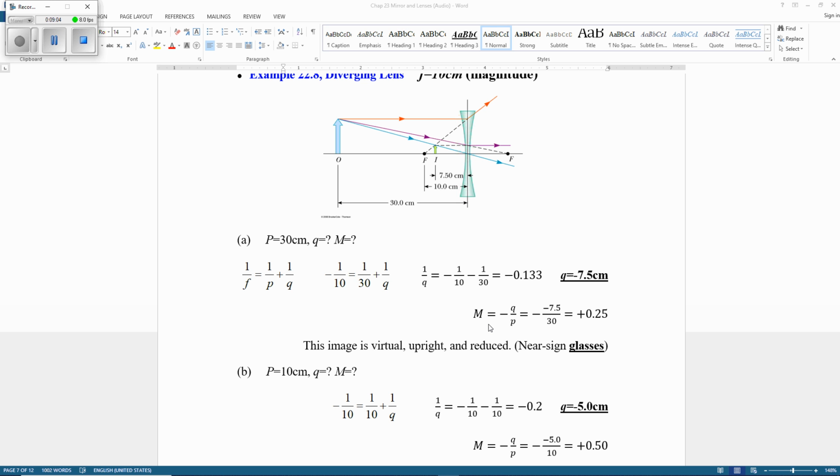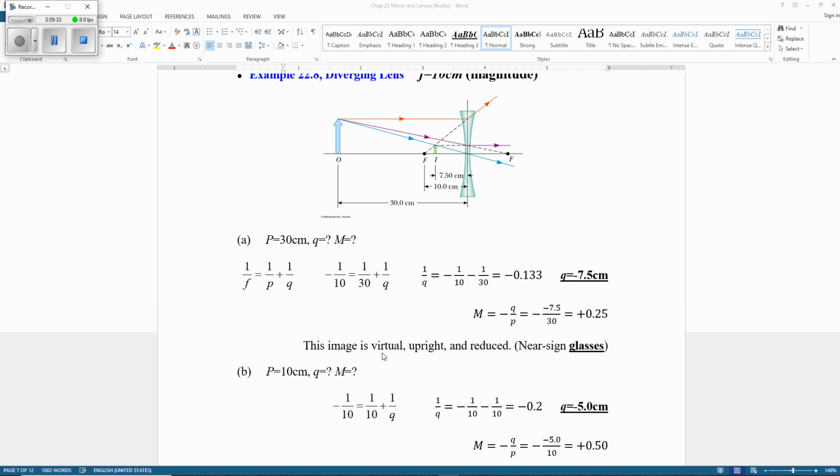So now magnification equals negative q over p, and q equals negative 7.5. So I have negative, negative, that cancels, divided by the object distance, 30 centimeters for this one. So you should have 7.5 over 30 gives you 0.25, or 1/4. So now this image is virtual.